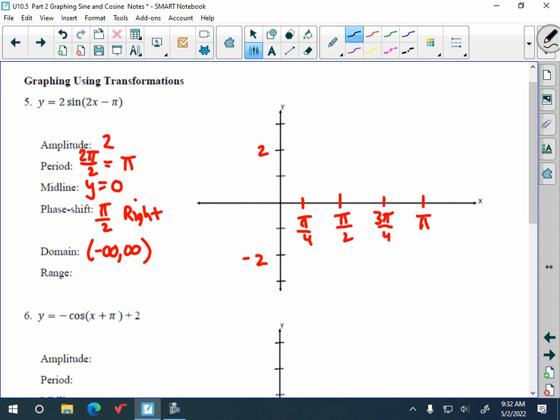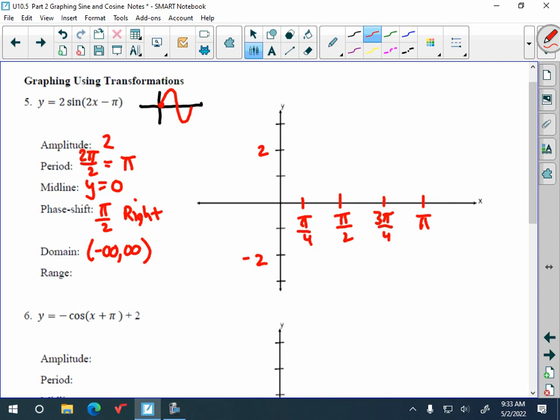All right, so we want to remember the shapes of our graphs, how it would start. So this is a sine graph, so it starts on the midline or the x-axis at 0, 0, goes up, down, and ends on the x-axis. So that's our shape. All right, so if there was no phase shift, we would start right there.